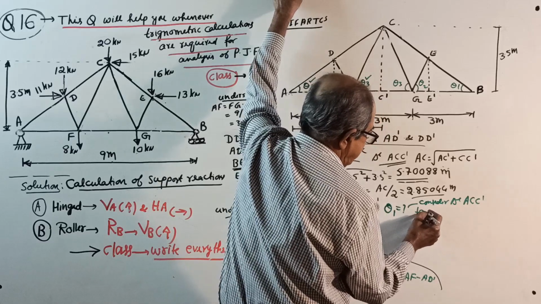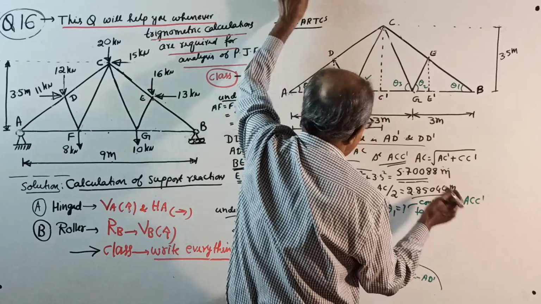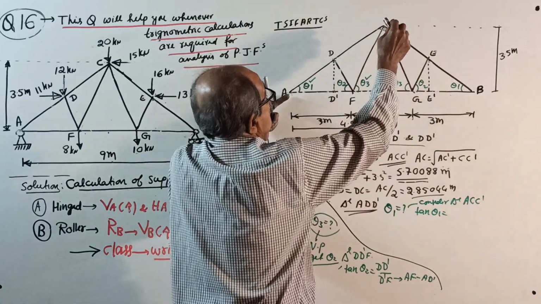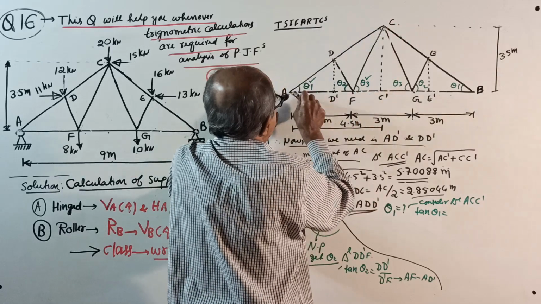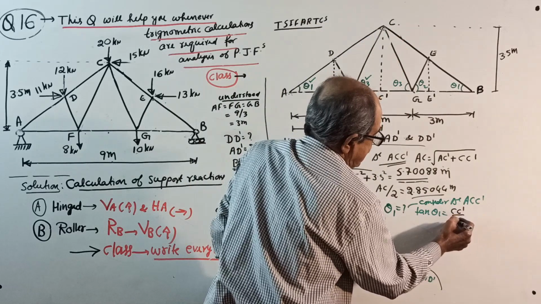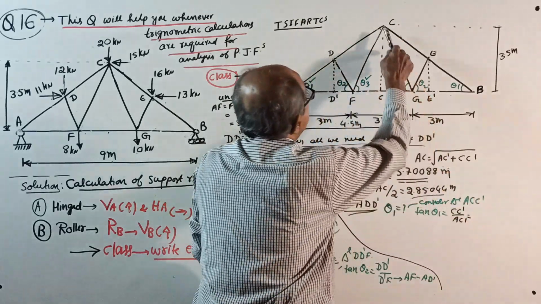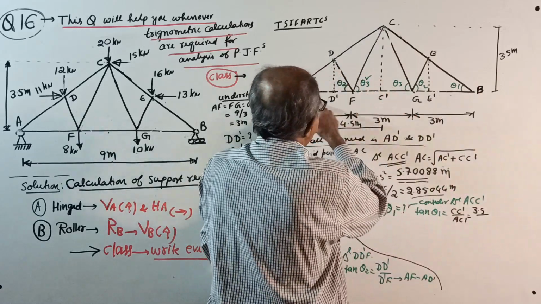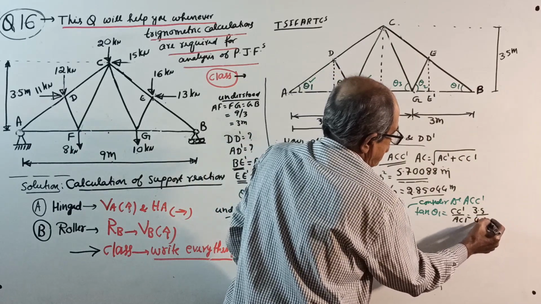So, tan theta 1 equal to, in this full triangle ACC dash, CC dash by AC dash. CC dash is 3.5 divided by AC dash is 4.5.